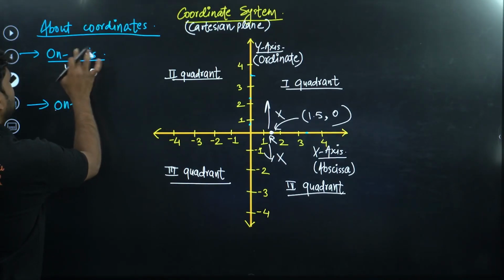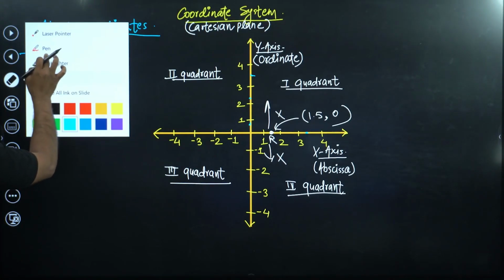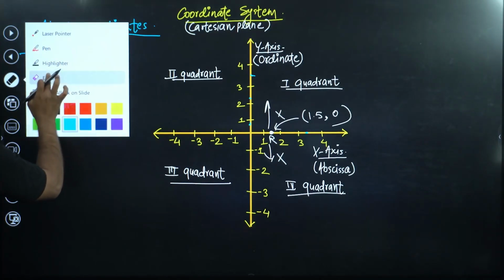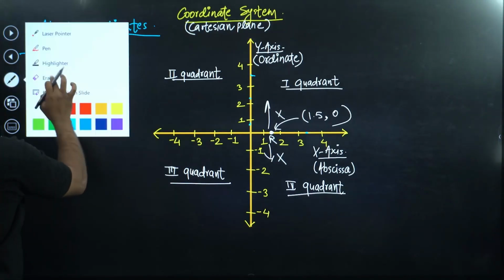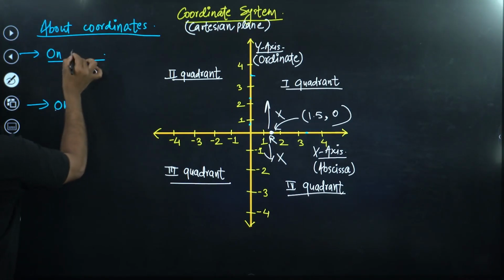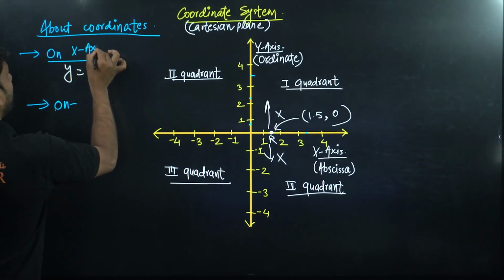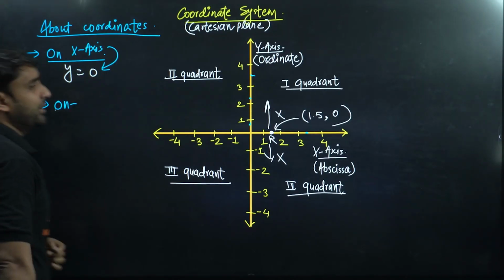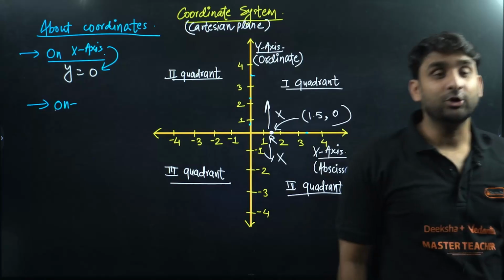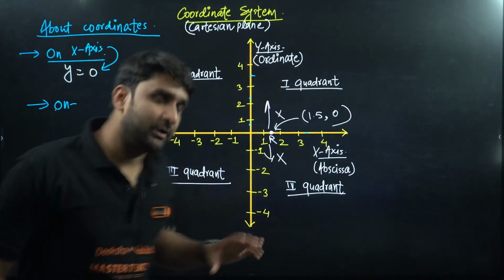My dear champion, this is the x-axis. So if a point is on the x-axis, the y coordinate will always be taken as 0. Please make sure.